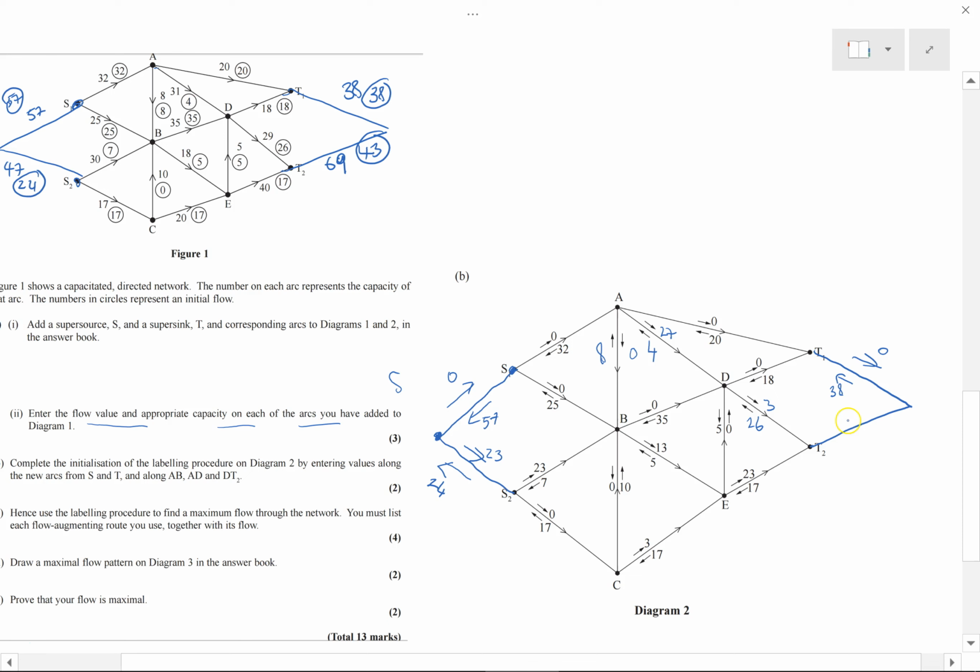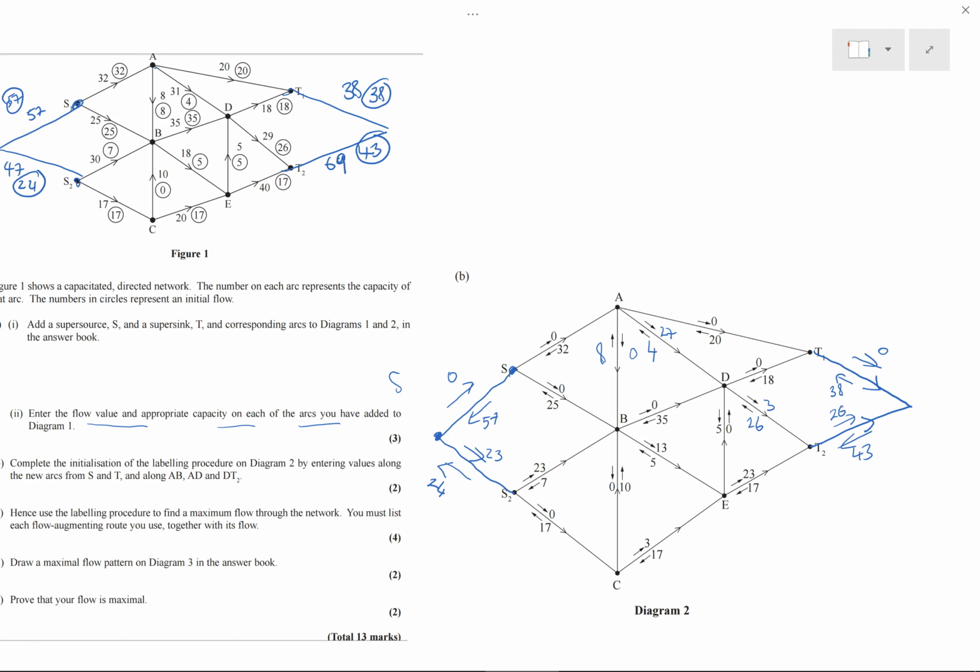Now the final one here: we've got a flow of 43, which we could increase by the difference between 43 and 69, which is 26. Okay, so that's how it works with the super source and super sink.